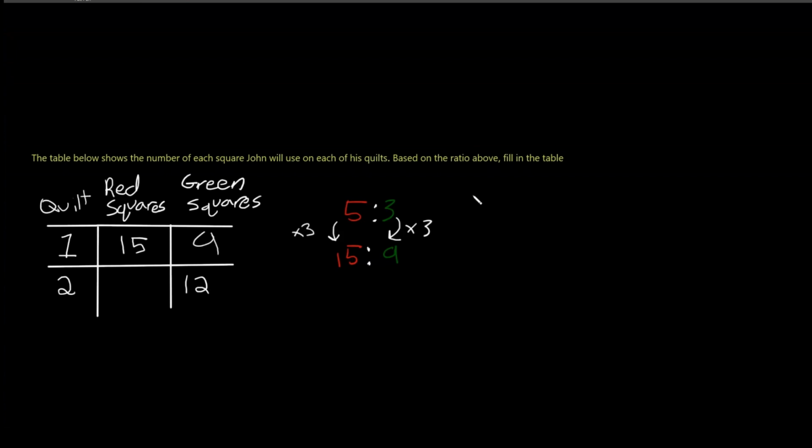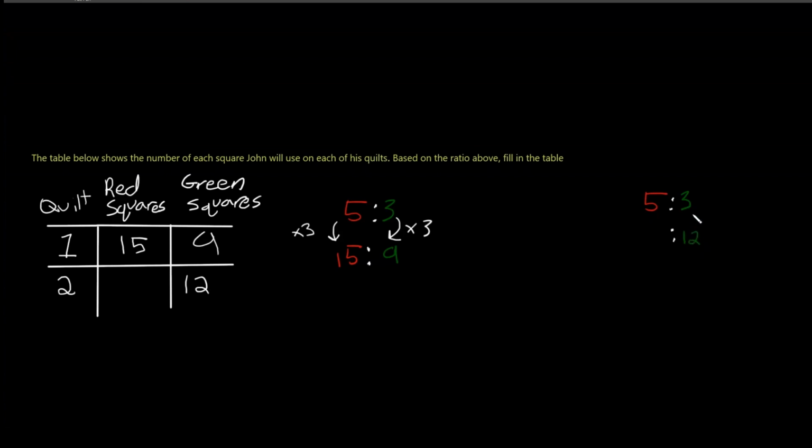In the second problem, we're given the green squares this time instead of the red squares. So we'll write it out again. And he has 12 green squares, but we don't know the amount of red squares. So we need to ask ourselves what we need to multiply 3 by in order to get the amount of green squares he has.